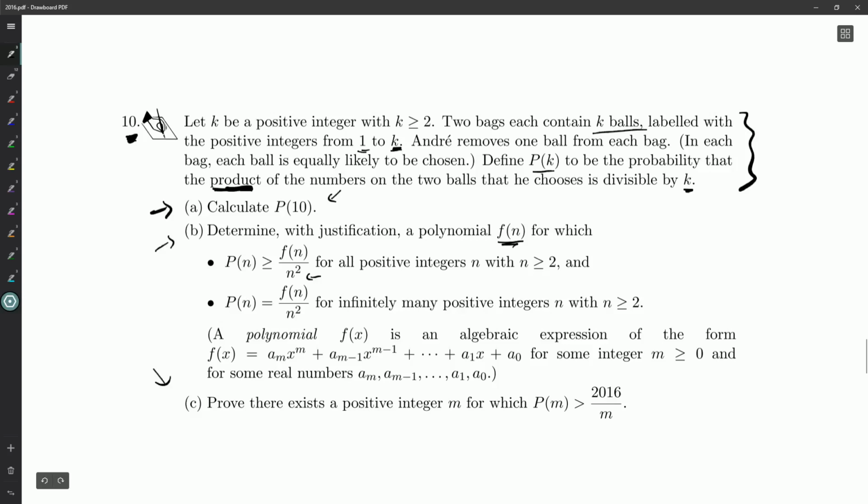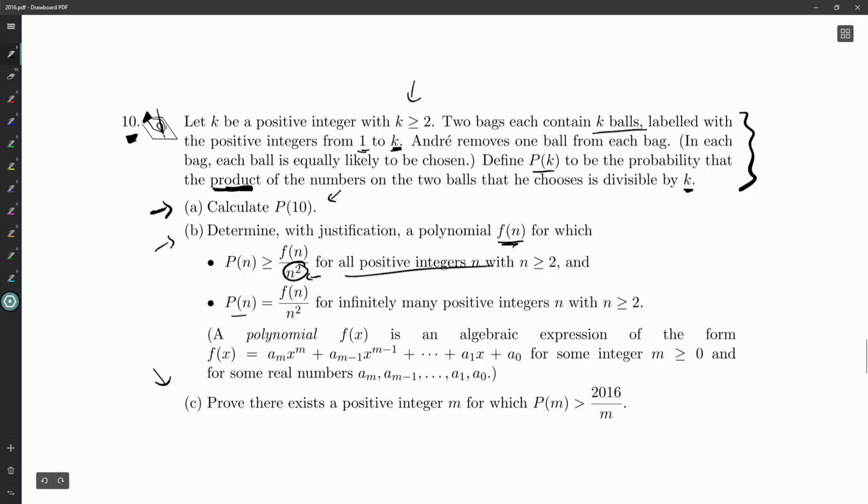So all of the probabilities can be measured out of k squared, or I guess n squared. So P of n is greater than or equal to f of n over n squared for all positive integers n greater than or equal to 2. Otherwise, I don't think we'd be defining this. And we also need P of n to be equal to f of n over n squared for infinitely many positive integers.